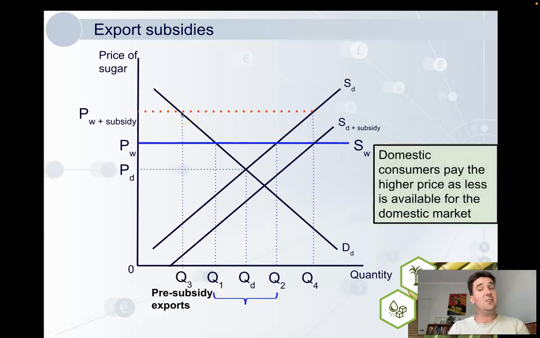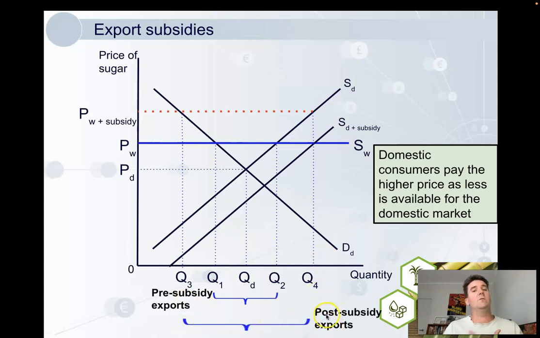So remember, domestic consumers pay the higher price, as the suppliers will make less available for the local market because they want to get the subsidy. They don't get that when they sell it locally. Okay, so this increases the level of exports from Q3 to Q4.